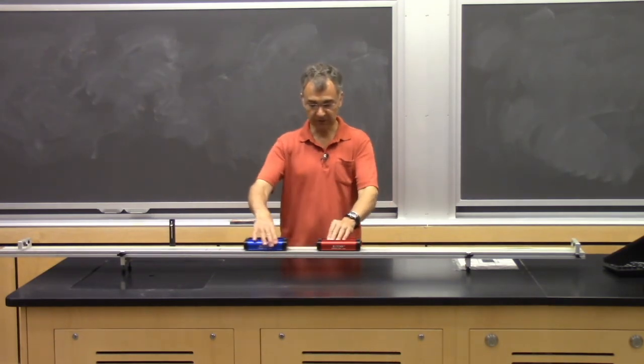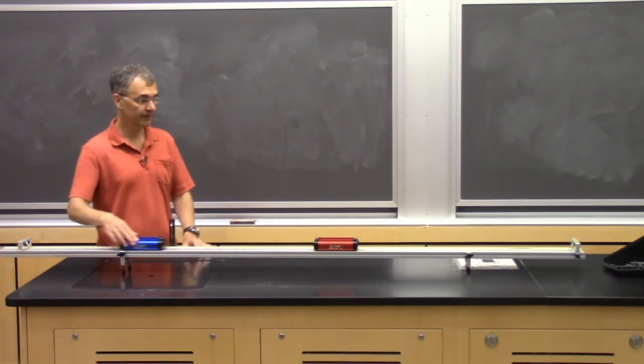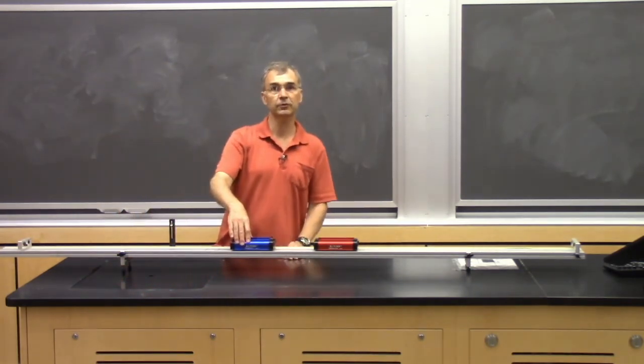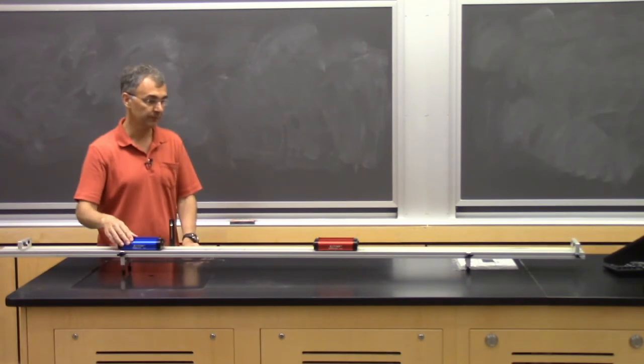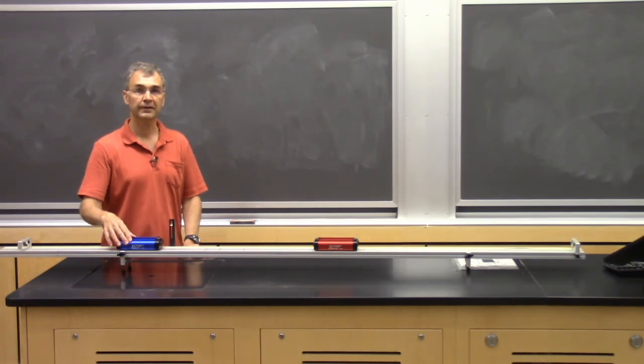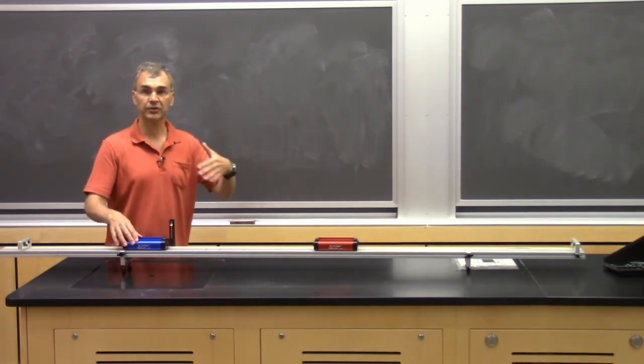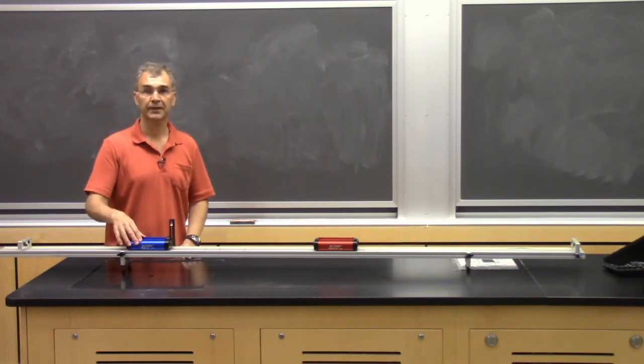But what if I do this in a different way? What if I collide these two objects, and again, to make it simple, I've made them equal masses. What if I collide these two objects in such a way that the initial momentum of the system as a whole is non-zero? That the velocity of the center of mass of the system is non-zero.